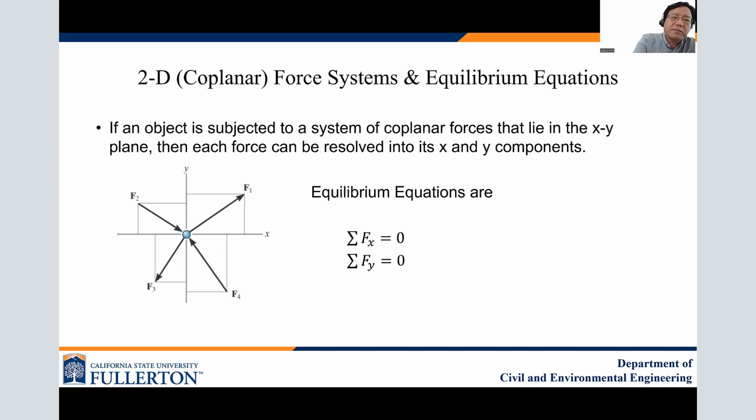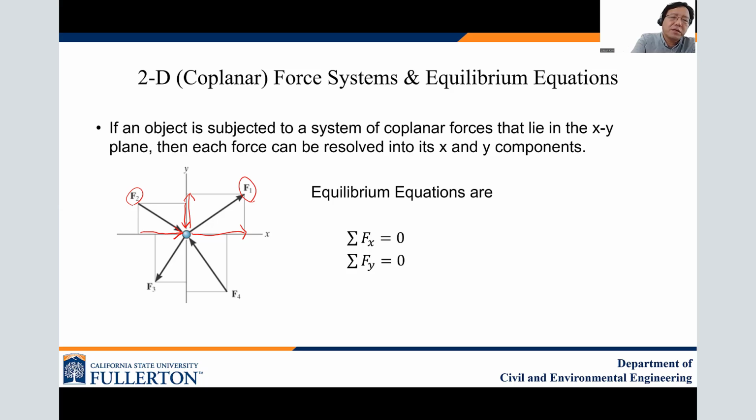So for example, for F1, this is the x component, and this is the y component. Then for F2, this is the x component, and this is the y component.